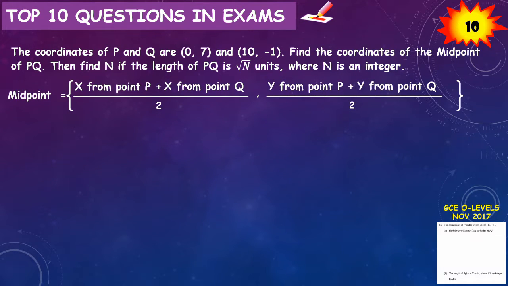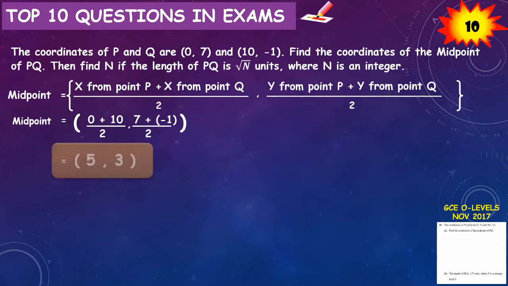To find the midpoint, we use the midpoint formula as stated here. We substitute the x values from P and Q, which are 0 and 10, and then we substitute the y values from P and Q, which are 7 and -1. The answer of the midpoint is (5, 3).